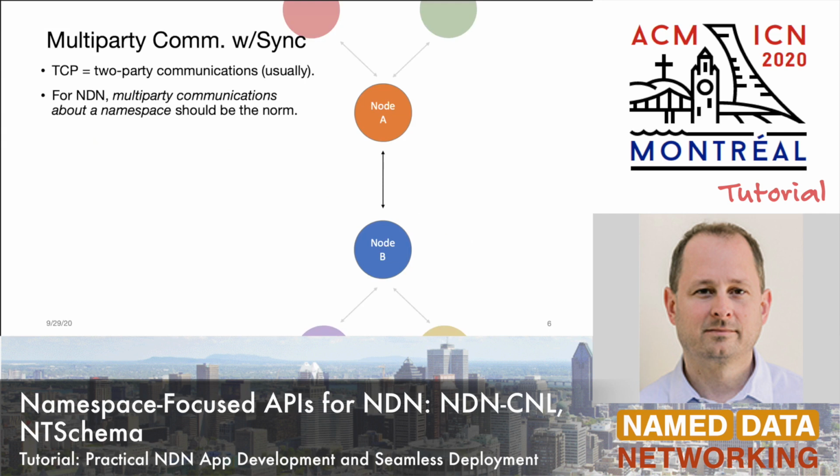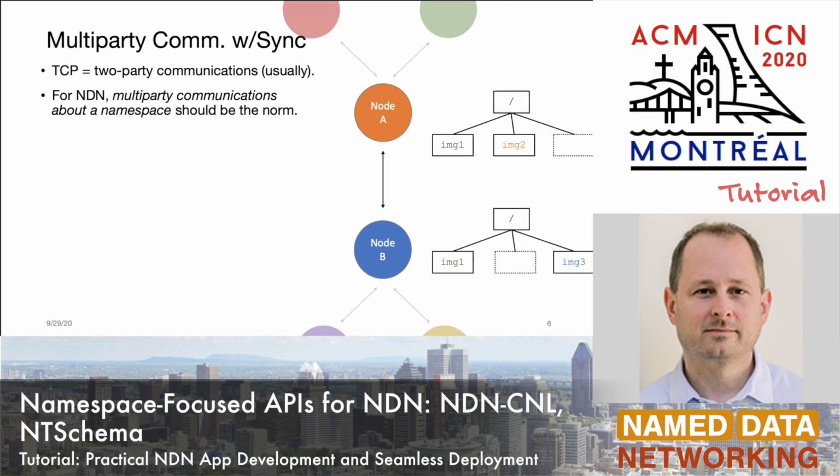They're about the contents of the namespace. So no matter who's publishing objects within that namespace, the goal of the CNL is to propagate information up to some depth about the available objects in the namespace, and not necessarily force an application to fetch them, but to at least know what objects are available in namespaces of concern.